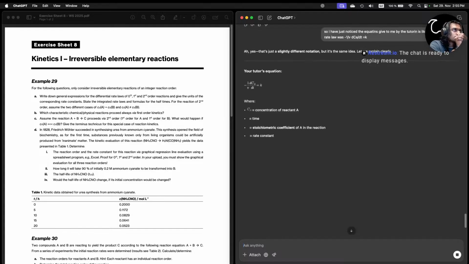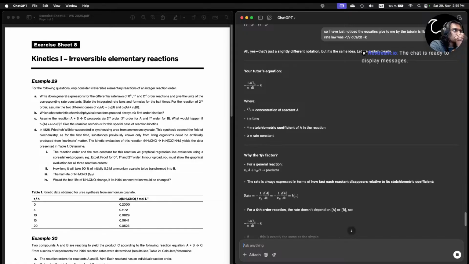That's just a slightly different notation, but it's the same idea. Stoichiometric coefficient of A in the reaction. For general products, the rate is always expressed in terms of how fast each reactant disappears relative to its stoichiometric coefficient.